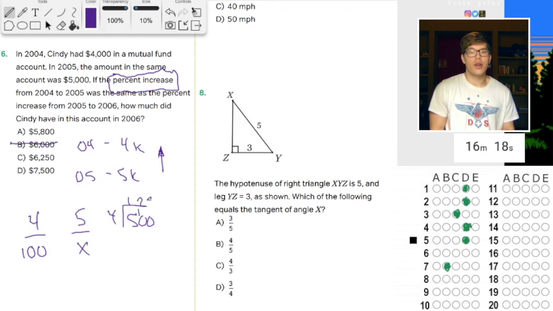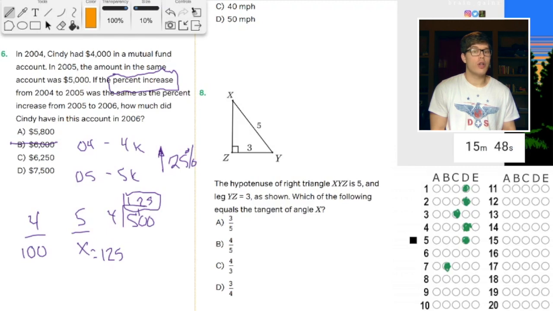I kind of hope that y'all would know that this is 25%, but if not, then you can of course solve it like this and see that 5 is 125%, so this is a 25% increase from 2004 to 2005. And if we have the same increase next year, then that means from 2005 to 2006 we also have a 25% increase.